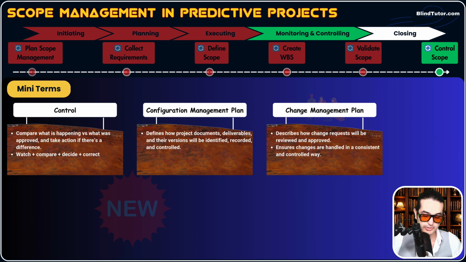And the next term is change management plan. Change management plan describes how change requests will be reviewed and approved. Okay? It ensures changes are handled in a consistent and controlled way. Let's say we do have different teams. Okay?